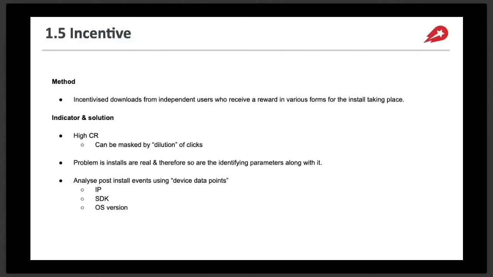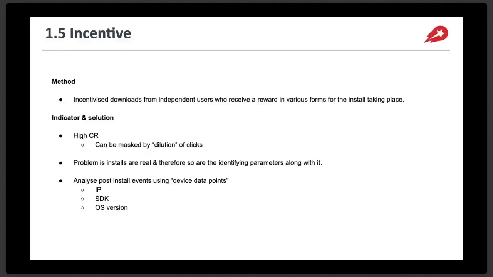A lot of gaming apps use this. But in order to counter this, it's best you just talk to your DSP or your network provider on limiting this. Say you specifically do not want this, you will not pay for installs like this, unless you think it's okay, but these tend to skew your install data, and these customers tend to just leave the app and don't engage with it. They're not really too interested.